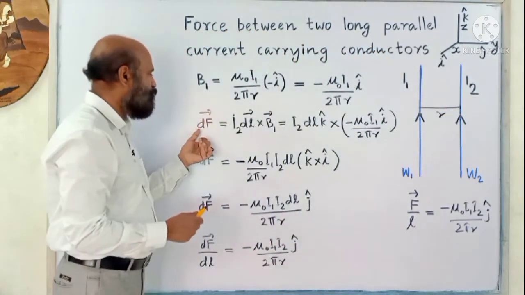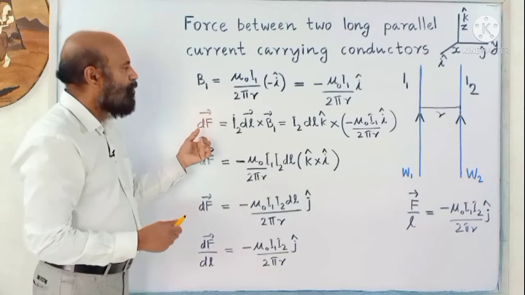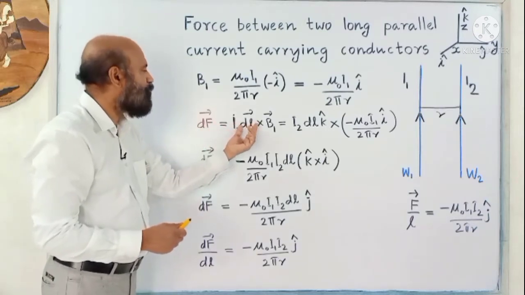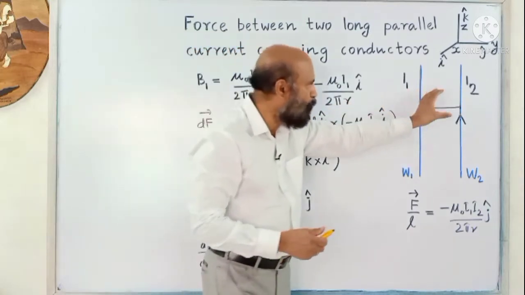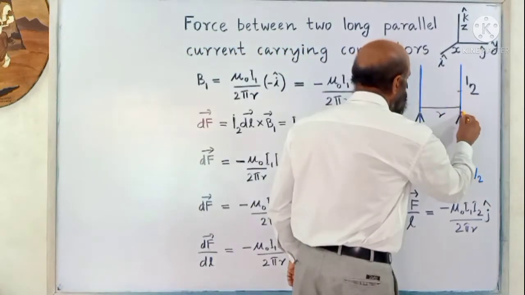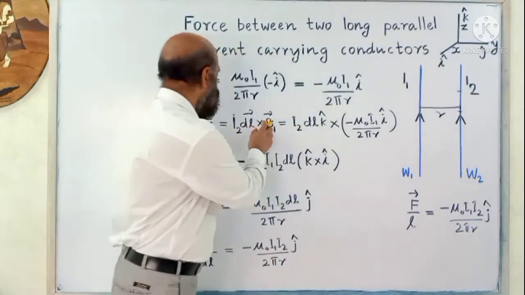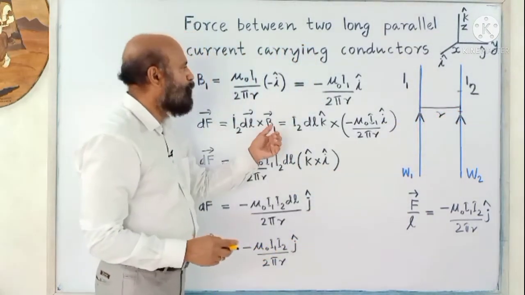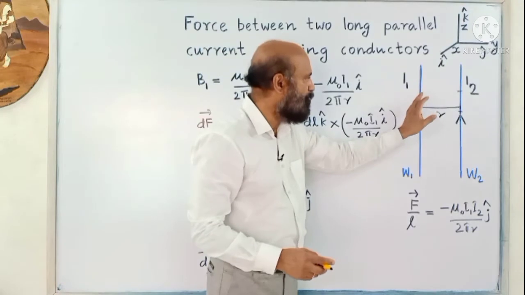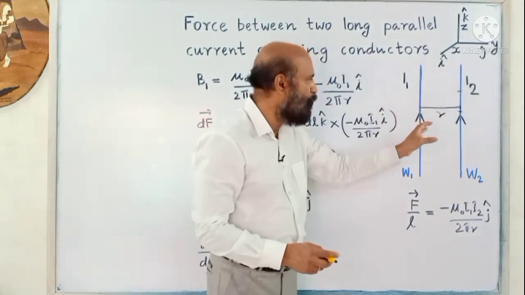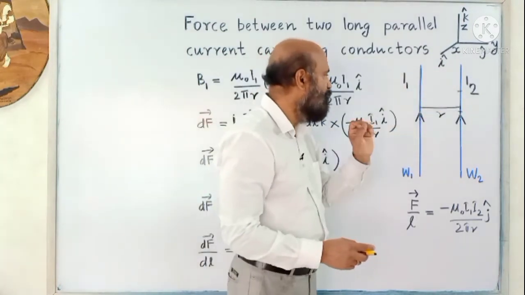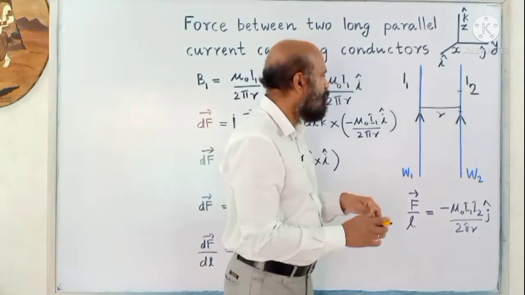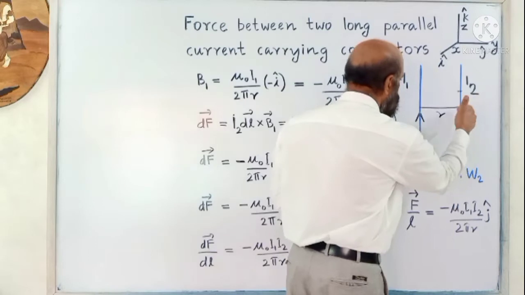Then the magnetic Lorentz force dF vector is equal to I2 dl vector. So we consider a small element dl, I dl vector cross B1. B1 is the magnetic field produced by the current flowing through the first conductor. Because of that current, there is a magnetic field directed into the board.